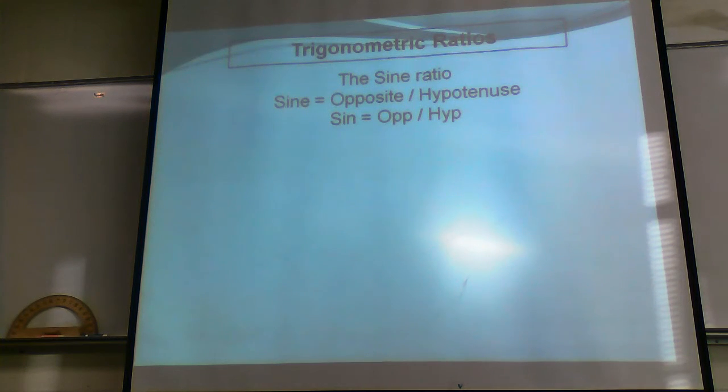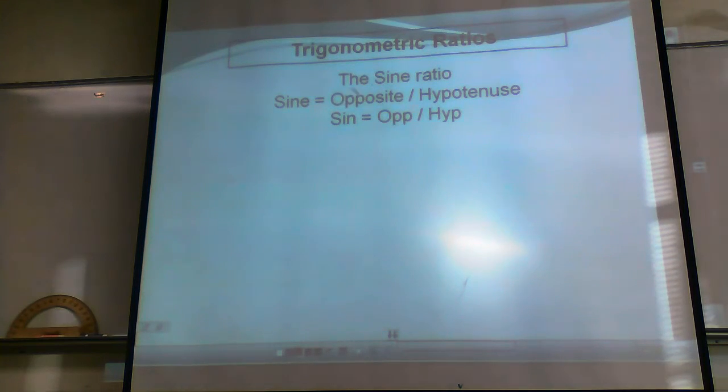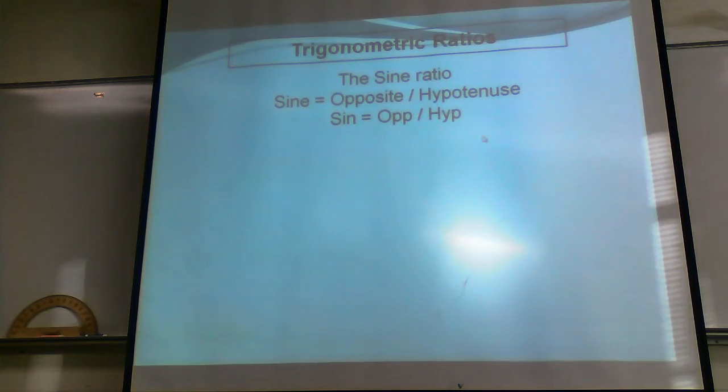Okay, so the sine ratio, sine of an acute angle equals opposite over hypotenuse, meaning the value of the side opposite that angle divided by the value of the hypotenuse will give you that ratio. Okay, so sine is opposite over hypotenuse. Just write these down first, and we'll go ahead and fill them out.